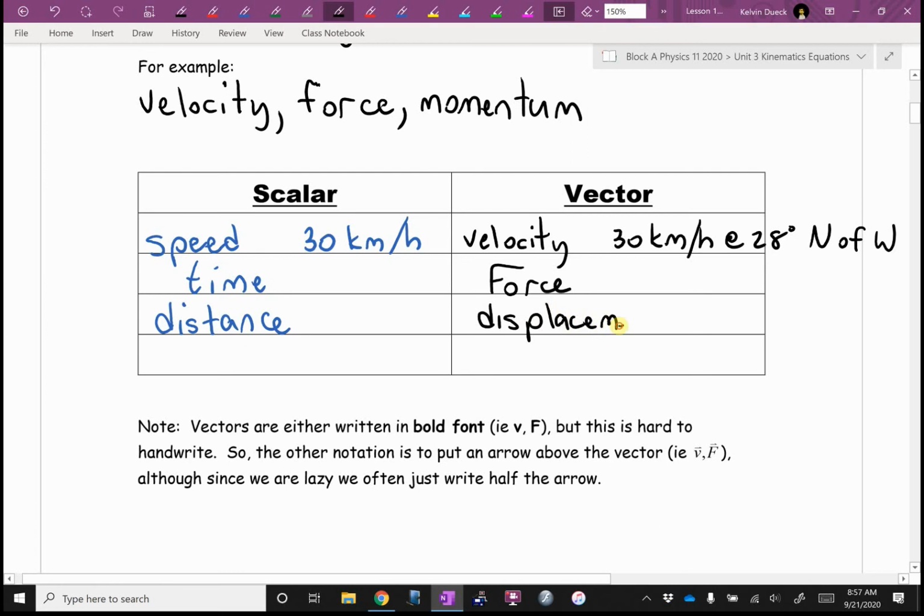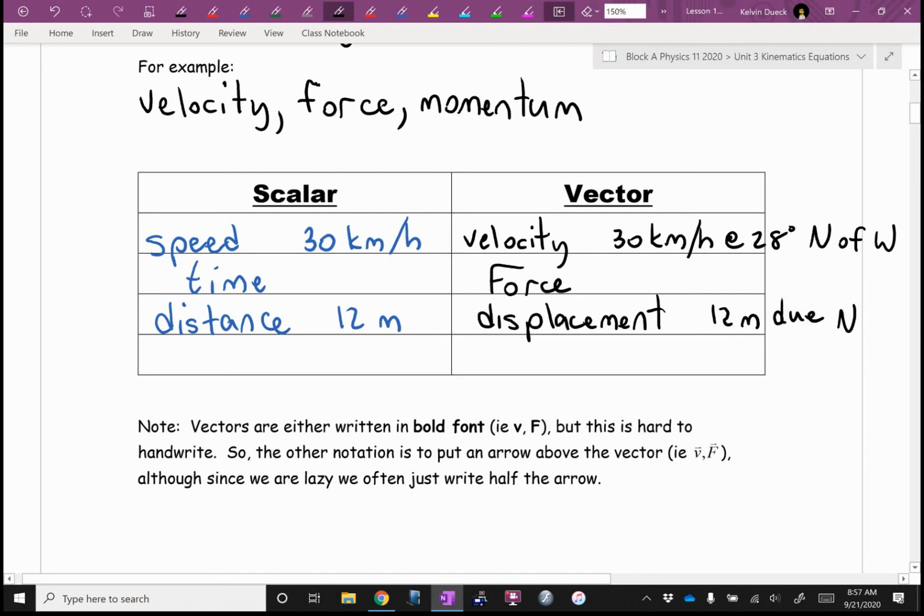Displacement is a vector. Distance would be something like 12 meters. Displacement would be something like 12 meters due north. It says DUE.